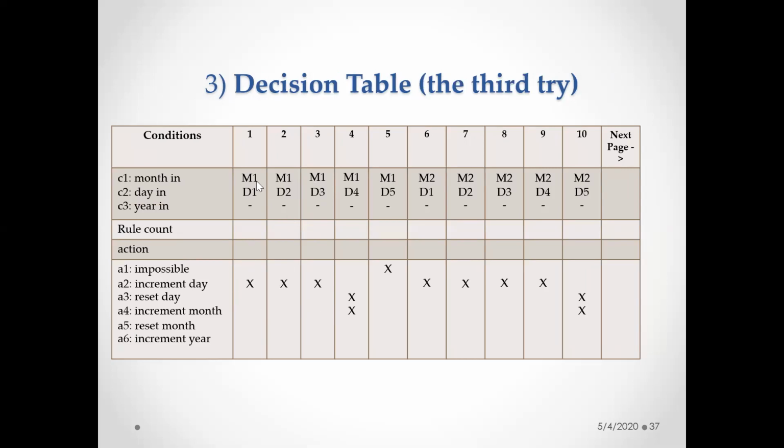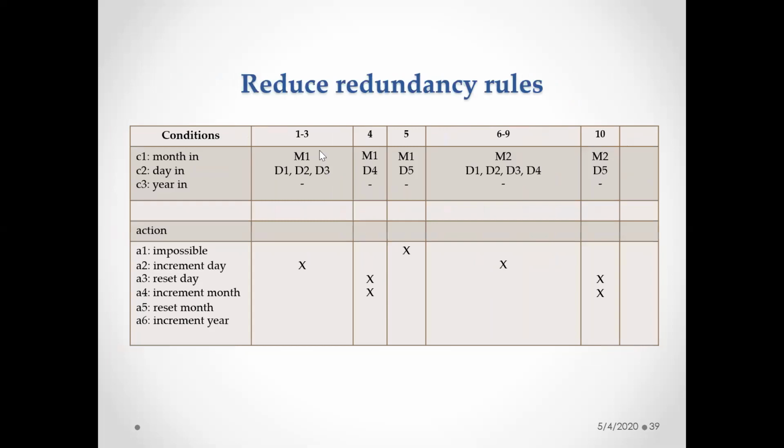That is with respect to your M1, D1, M1, D2, M1, D3. You can combine this because your action is incrementing the day. Irrespective of D1, D2, D3, you can just have that particular thing. So that's why you can merge M1 with respect to D1, D2, D3 with don't care.